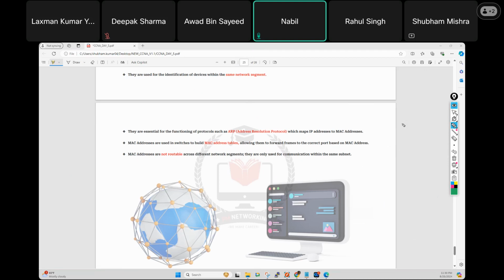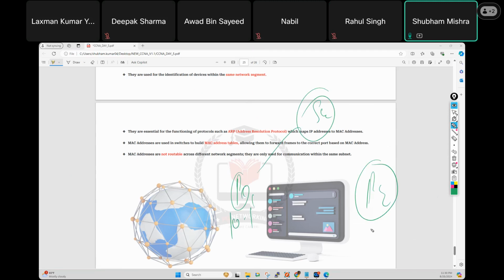Who sends first, the ARP request or the ARP broadcast? The PC which generates it, from which you are pinging. The ARP request goes first. PC1, PC2, here IP addresses 10.1, 10.2, MAC addresses 0A, 0B.